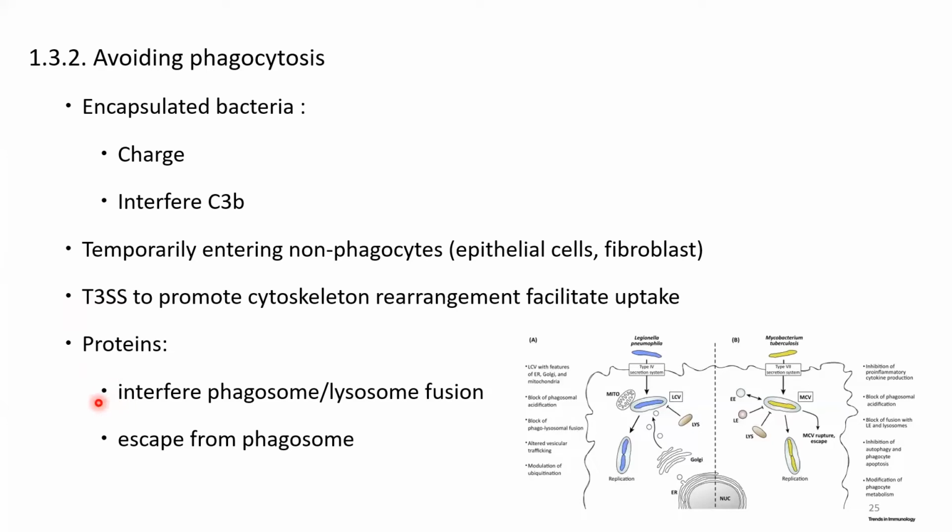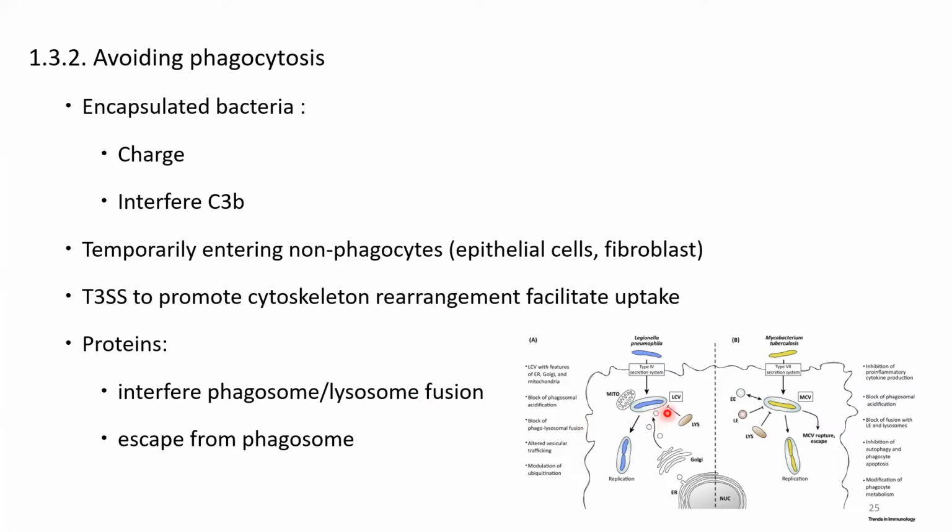Bacteria also produce some virulence factors to interfere with phagosome-lysosome fusion. If you remember phagocytosis, once bacteria are engulfed, they stay in the phagosome and then fuse with lysosome, because in lysosome there are a number of agents that can kill bacteria. But some bacteria can interfere with the fusion between phagosome and lysosome.